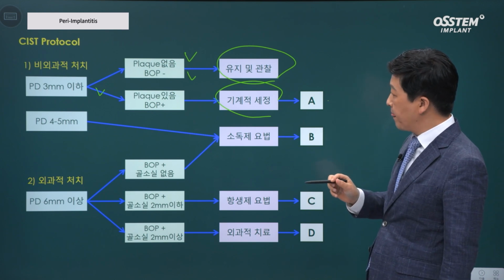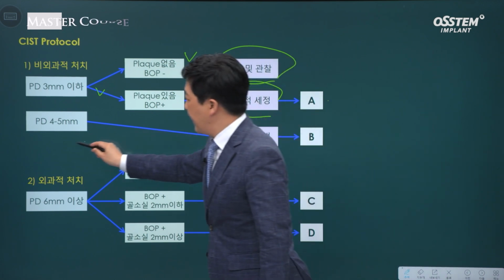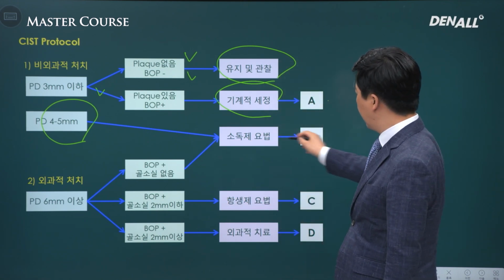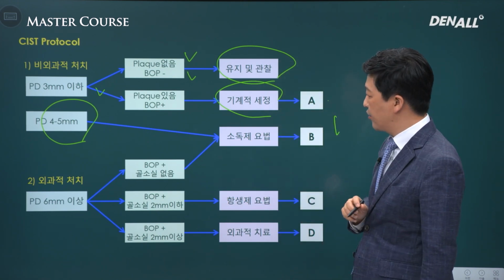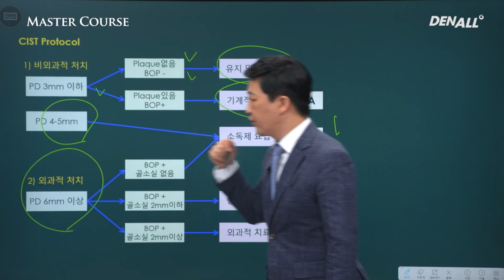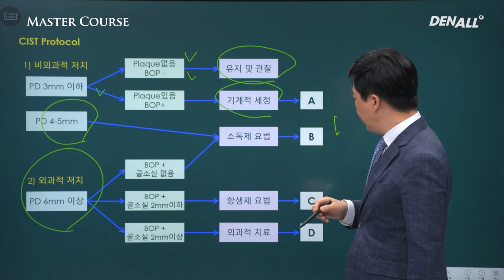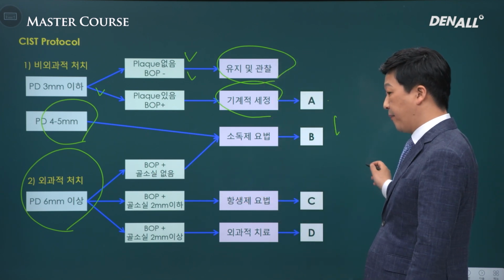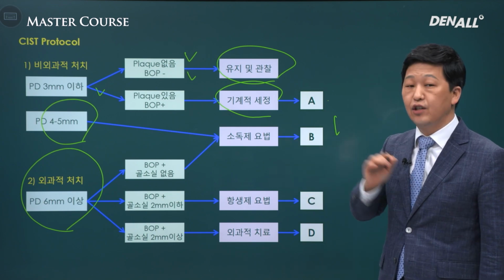If the probing depth is 4 to 5 millimeters, different treatment options can be chosen. In the case of advanced disease, if there is bone loss and bleeding upon probing, surgical methods and different treatment options need to be pursued.